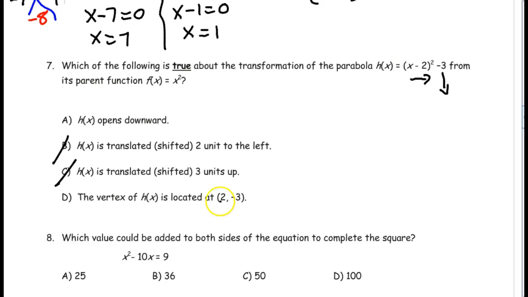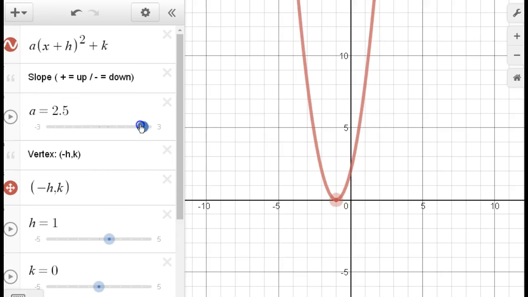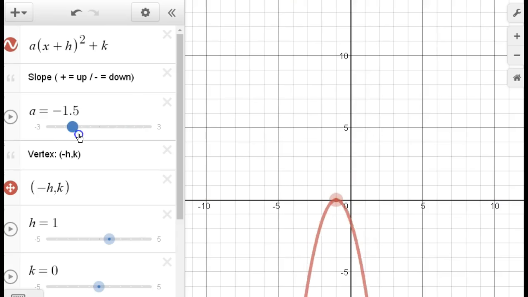And the vertex is located at 2, -3 because it's the opposite. Since this is negative, we know the vertex is actually positive 2, -3. So that's it, correct. And it doesn't open downward because the coefficient in the front is +1. When there's no number, it's automatically +1. And you can see here, +1 or positive anything opens up. If it was negative, that opens downward.